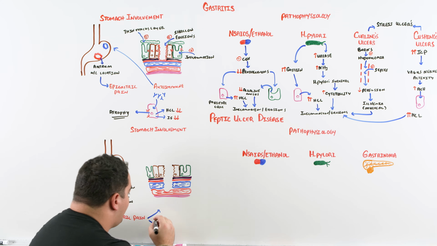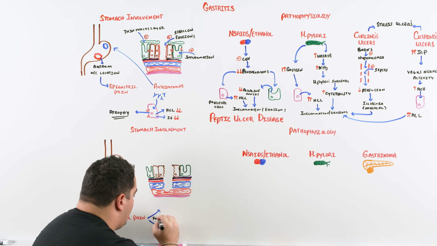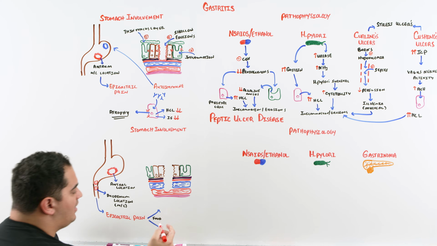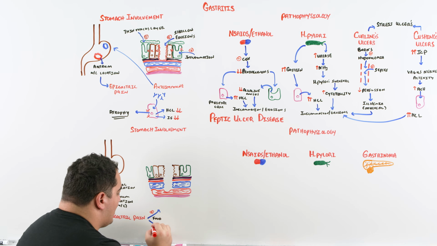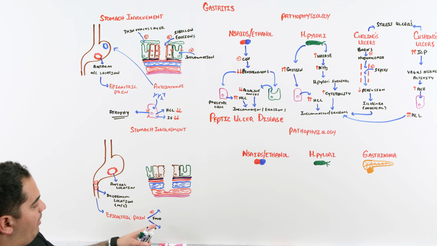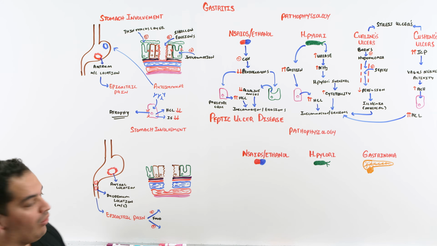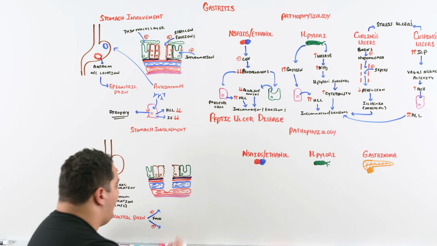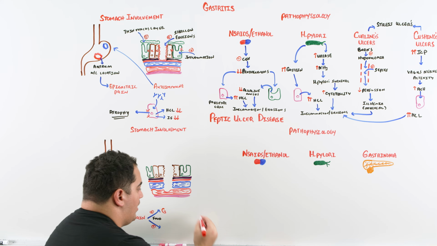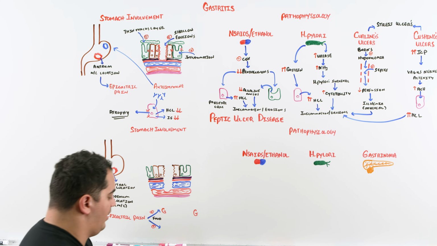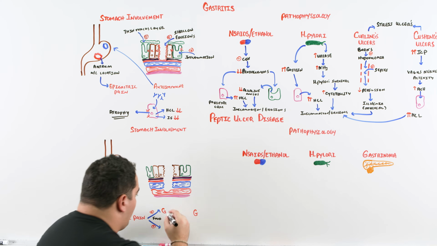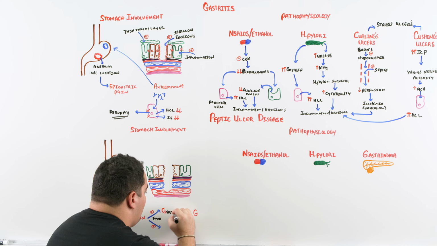So if you introduce food to these patients, it can cause an interesting type of process. Let's say I introduce food to a patient and they have an antral or gastric ulcer. If it's a gastric ulcer, the pain is greater. That's the way I remember it, gastric or antral location.